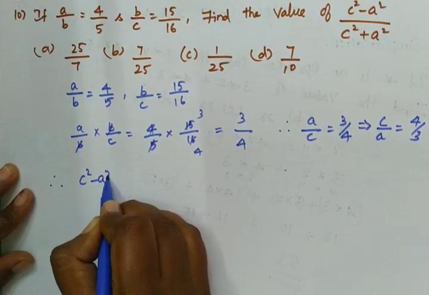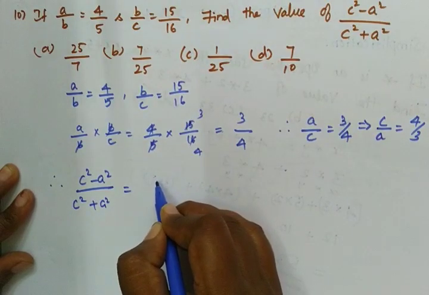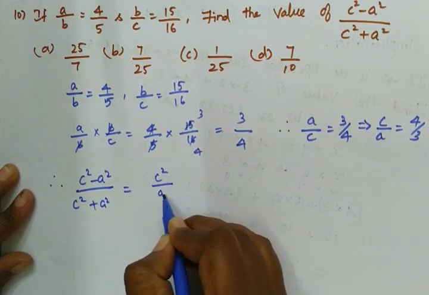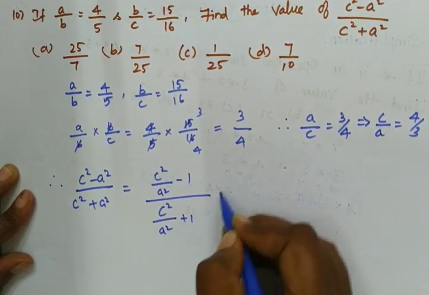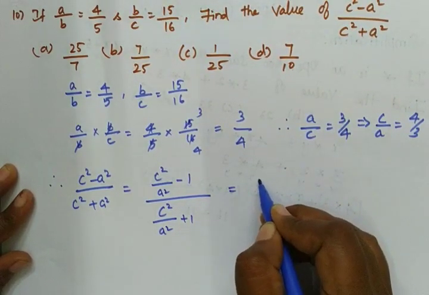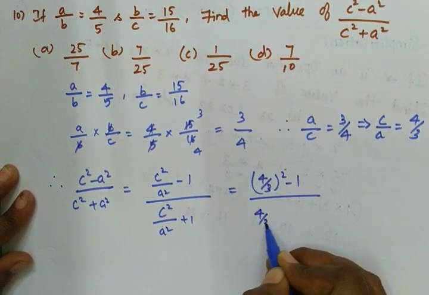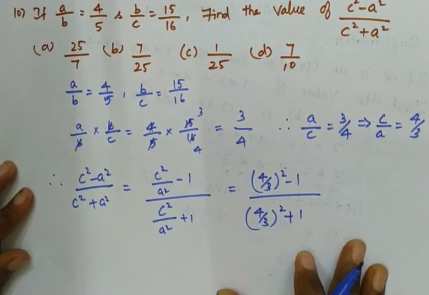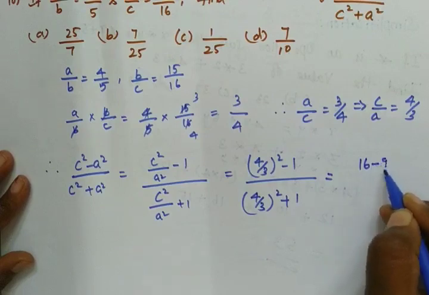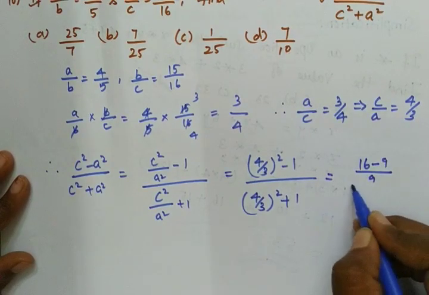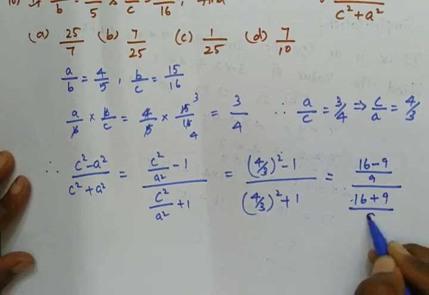c square minus a square by c square plus a square, which is equal to c square by a square minus 1 by, we can write the equation as c square by a square plus 1. So what is c square by a square? That is 4 by 3 the whole square minus 1 by 4 by 3 the whole square plus 1. So which is equal to 16 minus, we can write directly 9 by 16 plus 9 by 9.